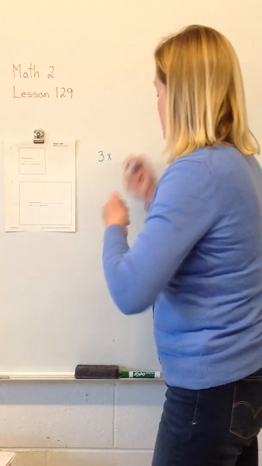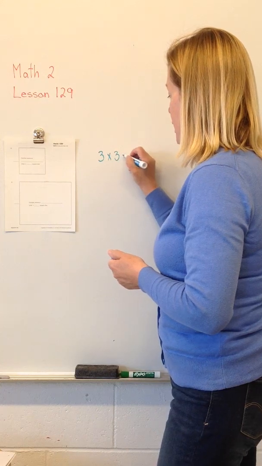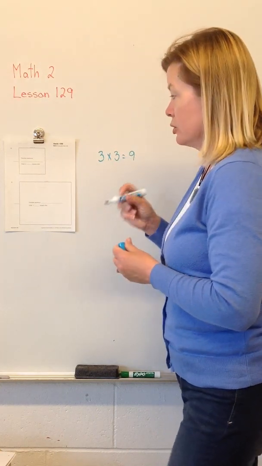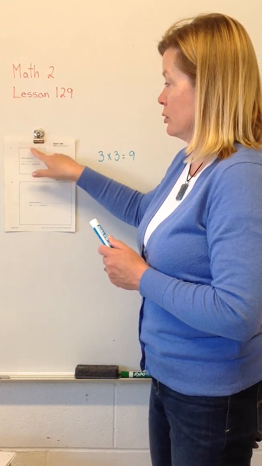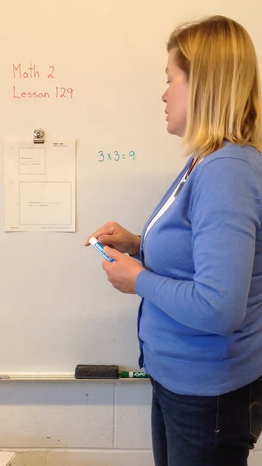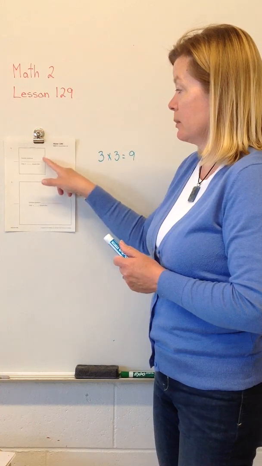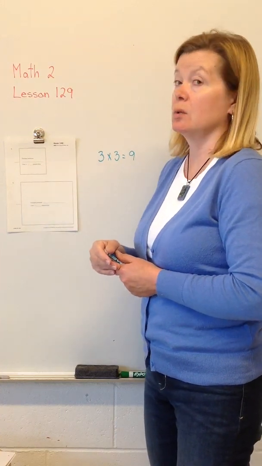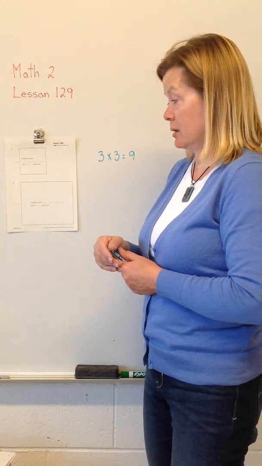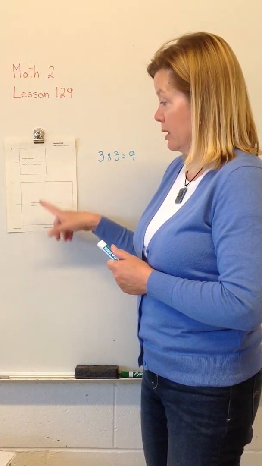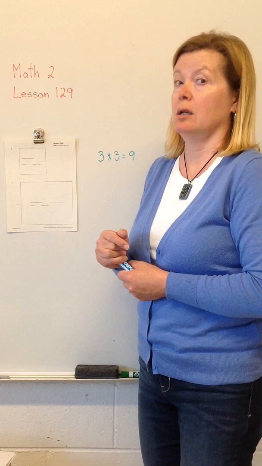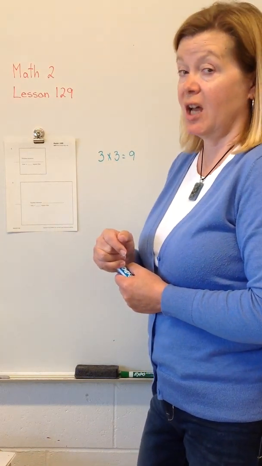So it is a square. So 3 times 3 equals 9. That's your number sentence. Remember, 3 rows, 3 in each row. 3 times 3 equaling 9 is your number sentence. So area equals 9 square tiles. If you're done with that, move on to covering rectangle 5.